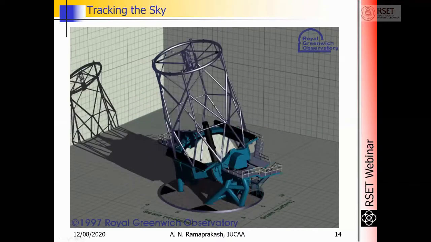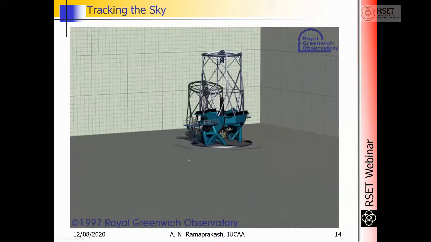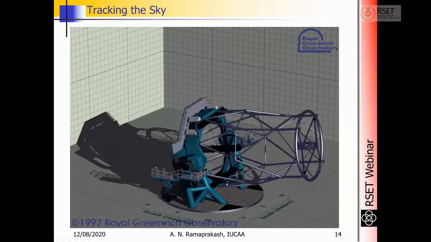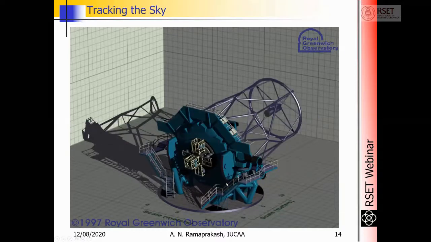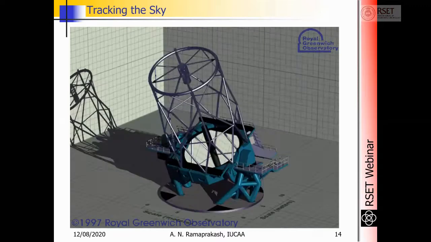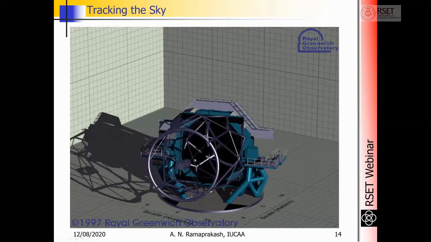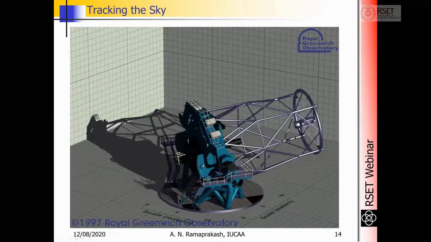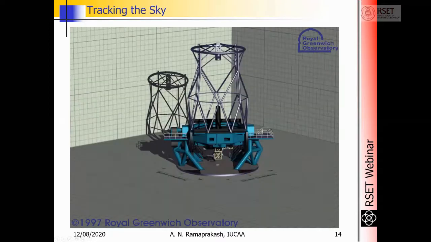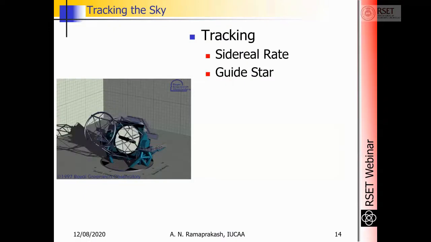As shown here, this is a Gemini telescope. This glass here is 8 meters in diameter, and this entire structure, about 20 tons, has to move very precisely, sitting up there on top of the mountain in multiple axes, multiple orientations, to make sure that you can track objects in the sky. And this is not a laboratory system.